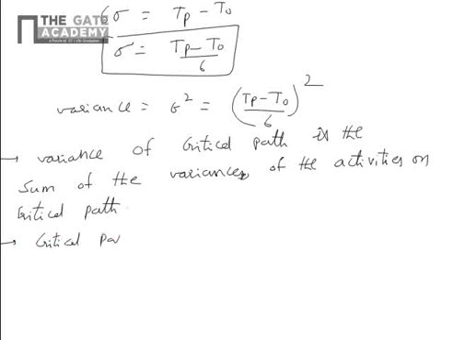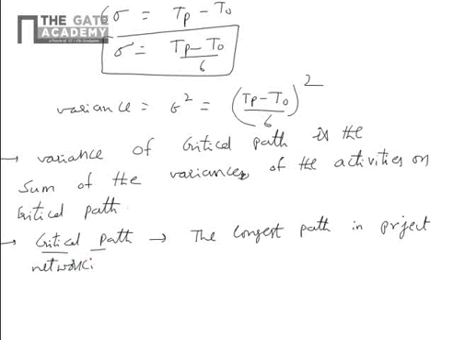It is the longest path through the project network. Standard deviation of critical path equal to the square root of variance of critical path.